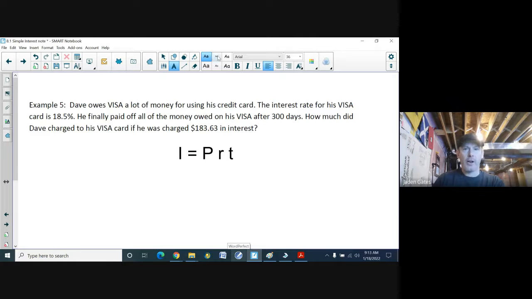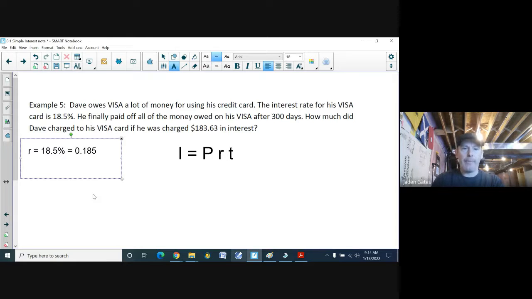All right, so now to come up with our values here. The first sentence doesn't tell me anything other than Dave borrowed some money. The interest rate for Visa was 18.5%. So there's my rate, 18.5%. Converting it to a decimal, I divide by 100%, and I get 0.185.